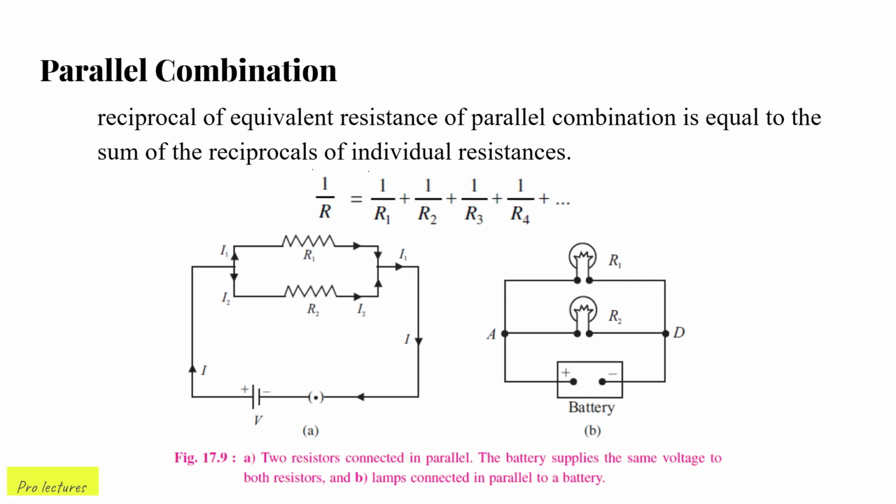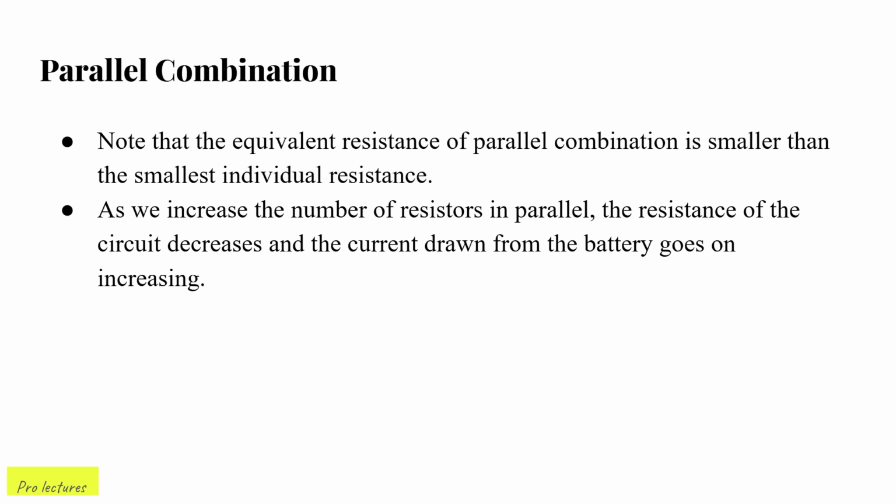Thus, in parallel combination, the reciprocal of equivalent resistance is equal to the sum of reciprocals of individual resistors. So, the total resistance in parallel combination is always smaller than the smallest individual resistance. That means the more resistors you add in parallel, the lower the total resistance and the greater the total current drawn from the source.